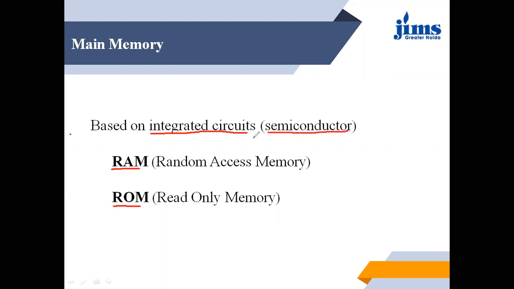So main memory is broadly of two types, RAM and ROM. We will discuss these in detail in the next slides.